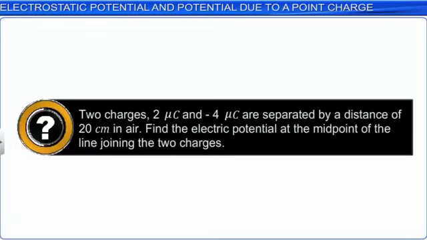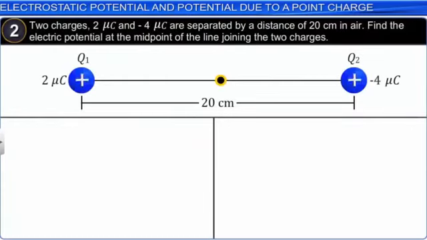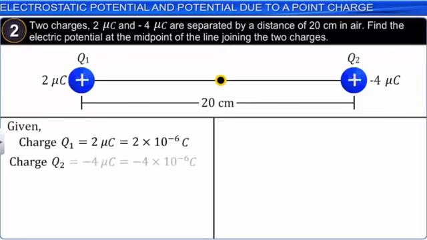Given charge Q1 is equal to 2 microcoulomb equal to 2 into 10 raised to the power minus 6 coulomb. Charge Q2 is equal to minus 4 microcoulomb equal to minus 4 into 10 raised to the power minus 6 coulomb. The distance of the midpoint from Q1 as well as Q2 is r is equal to 10 centimeter is equal to 0.1 meter.